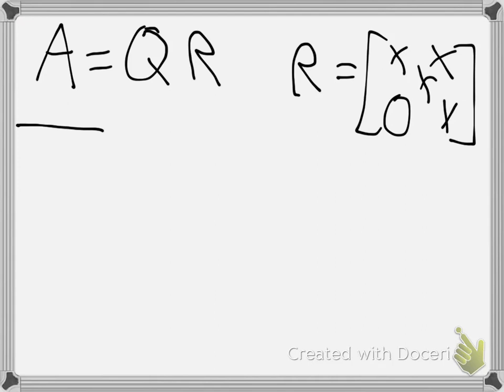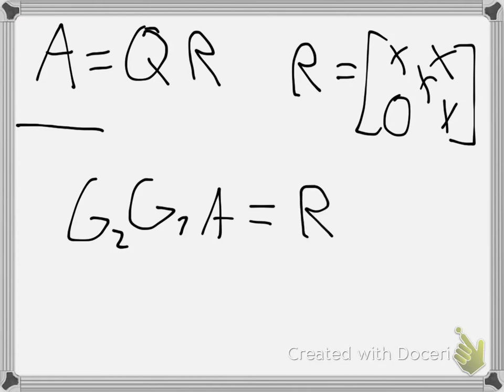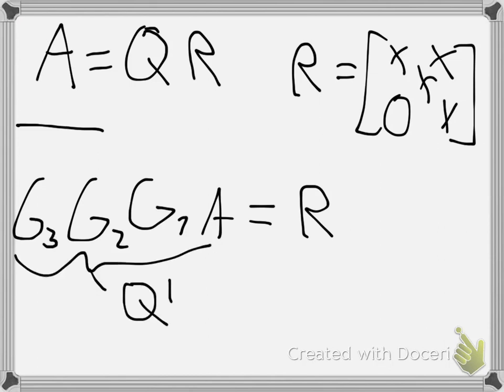The goal will be to apply several Givens rotations to the matrix to get our upper triangular matrix R. And then basically all these Givens rotations applied will be equal to Q transpose.